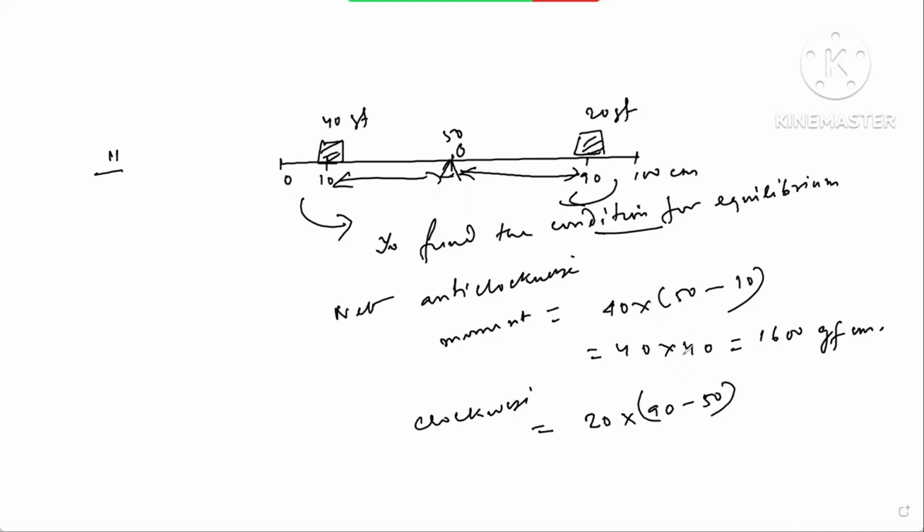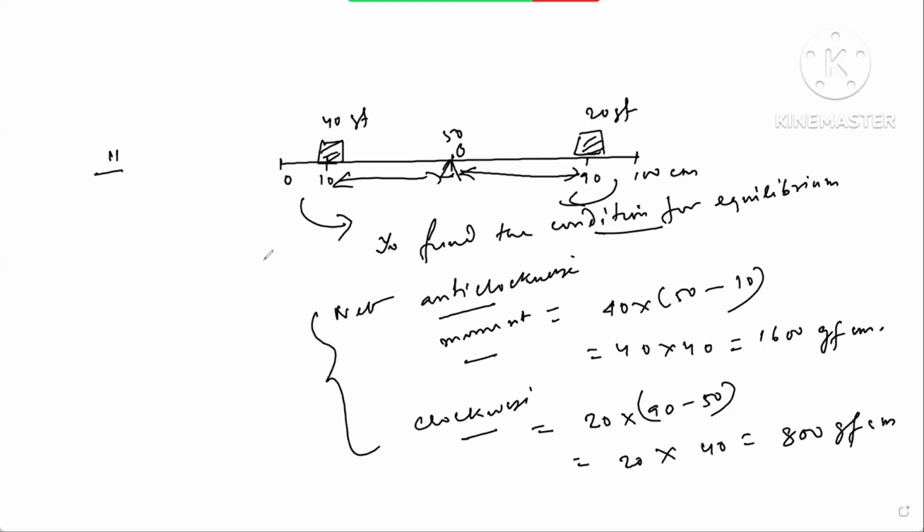So 20 into 40, that is 800 gram per centimeter. So the net anti-clockwise moment is not equal to the net clockwise moment, so the meter rule is not in equilibrium. If both have the same result, then we can say the meter rule is in equilibrium. But here the anti-clockwise moment and clockwise moment differ. So the meter rule is not in equilibrium.